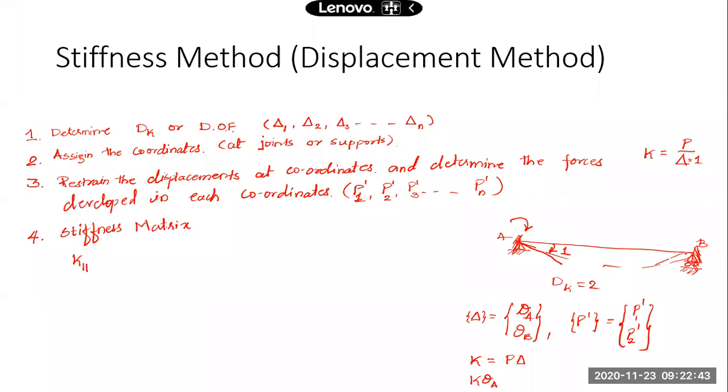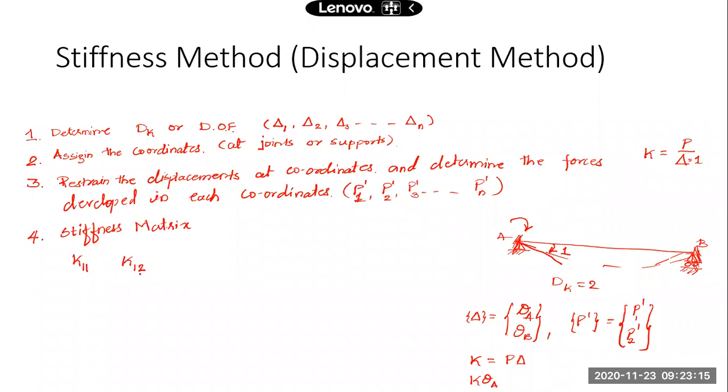So having applied unit displacement in first coordinate, if I determine the force in second coordinate, that will represent the other stiffness coefficient K12, force in second coordinate due to unit displacement in first coordinate. So by this I got to know two stiffness coefficients in the stiffness matrix, K11 and K12.